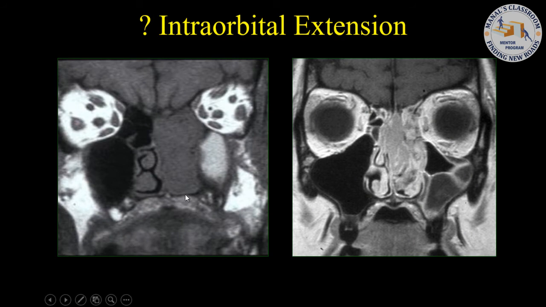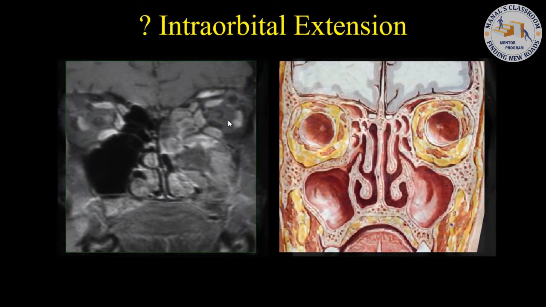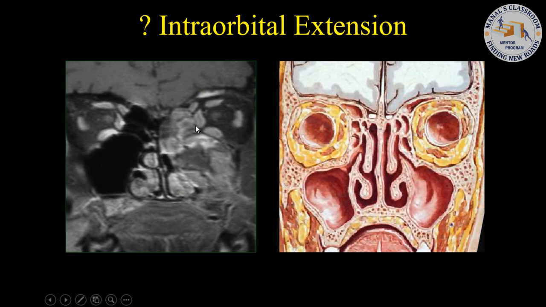In this particular case, we have a sinonasal carcinoma, and we can see the lateral aspect of this is maintained by the lamina propria. So in this case, the globe can be spared. But in this case, we can see there's some early extension in the medial aspect of the orbit. If there is, this information needs to be conveyed to the surgeon because this is going to be an intraoperative decision whether or not the globe can be spared.